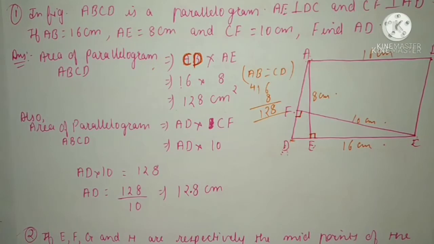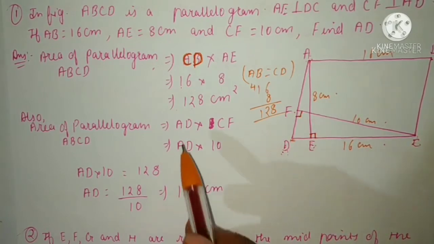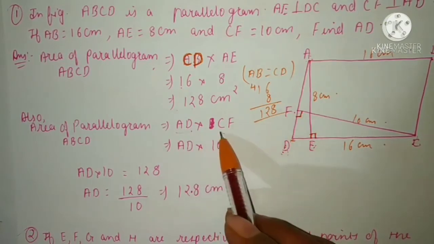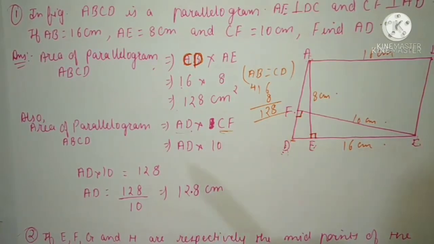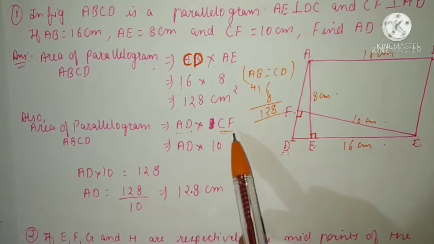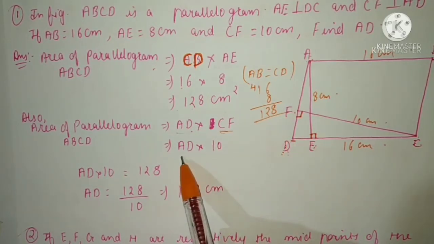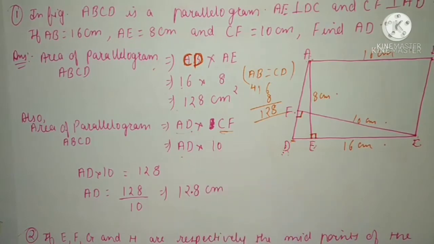So we can find the area by one more way. That means AD into CF. Okay, so this time we have considered base as AD and height as CF. So our area will be equal to AD into CF. Value of AD we have to find and value of CF is 10. So write here 10.